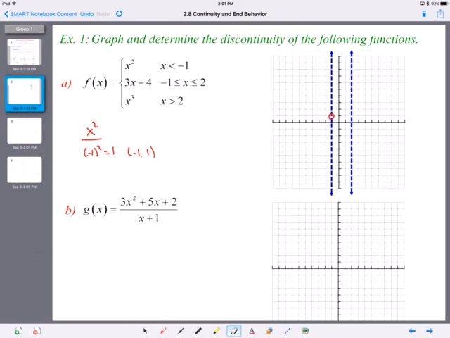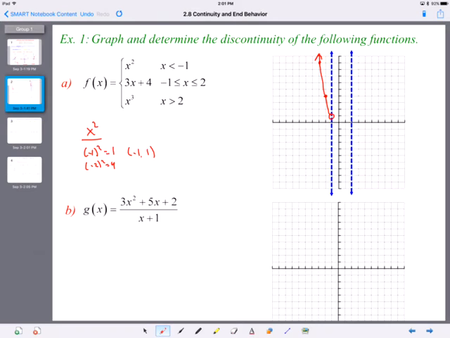So at x equals -1, the output's 1, and then you can do -2 squared, which we know is going to be 4. So at -2, 4, you have a point, and then at -3, 9. So this will be part of your quadratic there.